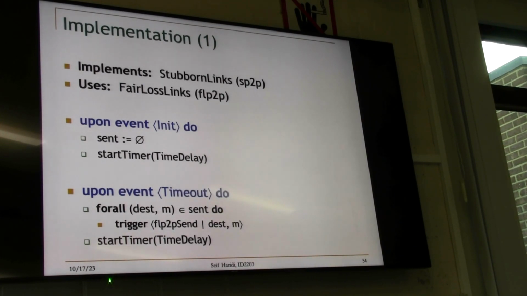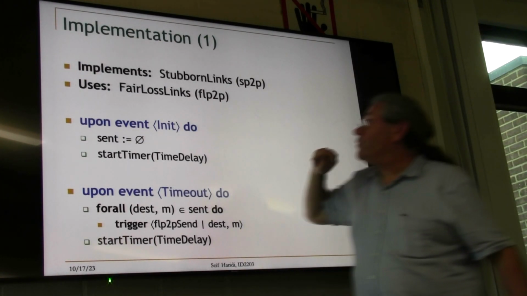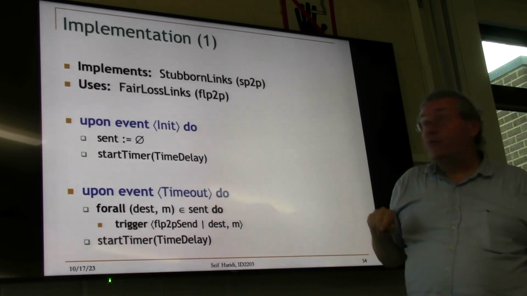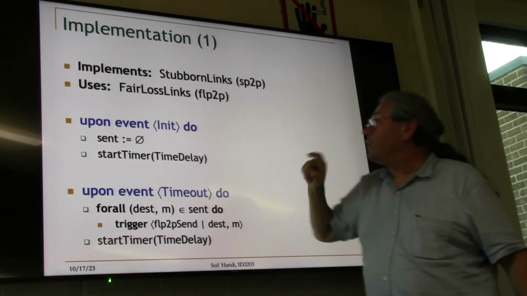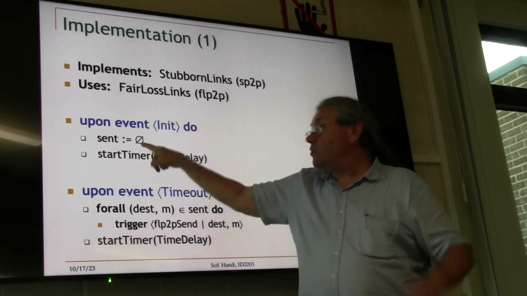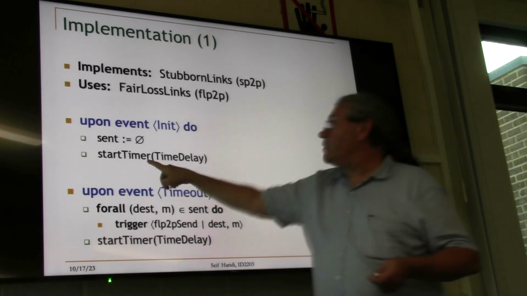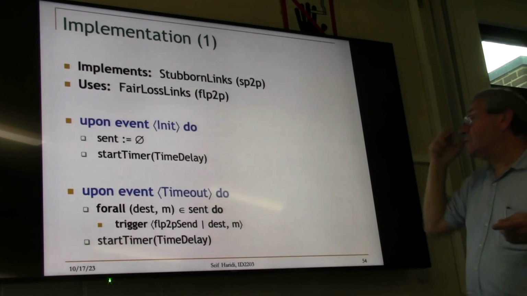And the code is 2 pages, very simple code. So I'm implementing stubborn links, I'm using fair loss links, I have local variables. So I'm not going to declare them, and there's always an init event happening first. The sent variable is set to the empty set, so this is going to be a set. And I start a timer, so I'm assuming there are timers and I can have timeout events.